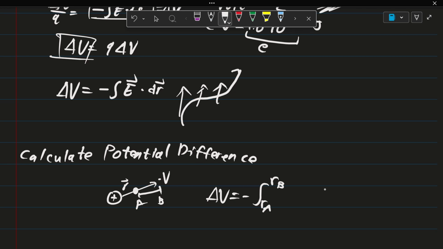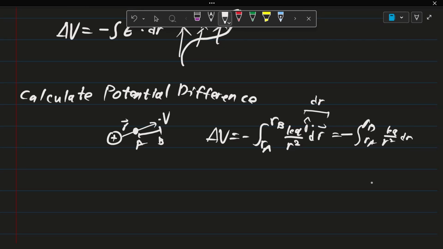The electric field will be kq over r squared, and it will be multiplied by the dr. And technically there's this r hat as well as this r vector here, but if you actually analyze the path itself, the r vector is just pointing in the same direction as the r hat. So if you do the dot product itself, this will just obtain the dr itself. So it's pretty much very simple for you to compute its integral. So it's the negative integral of rb over ra of the kq over r squared dr.